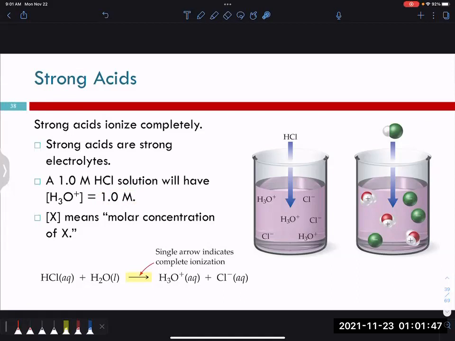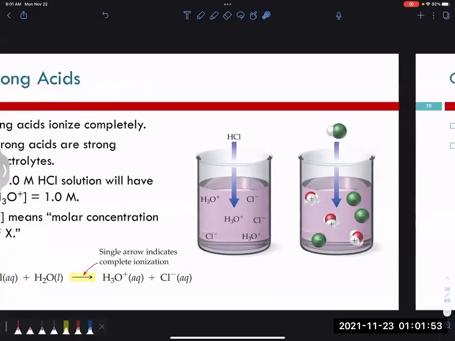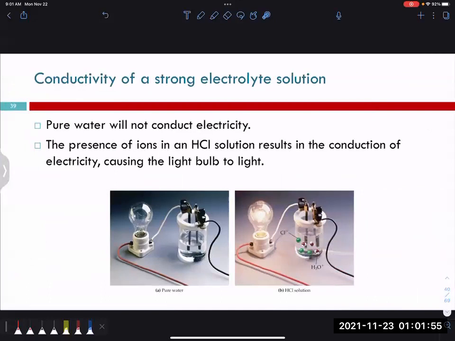Brackets means molar concentration of. So again, simple arrow, complete ionization. You can take pure water, which does not conduct electricity, but the presence of ions causes the light bulb to light up because it can conduct electricity.